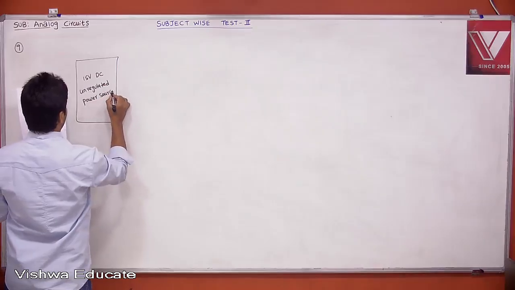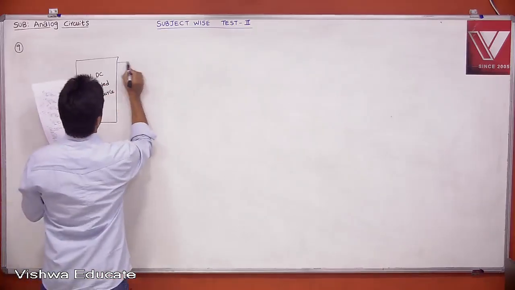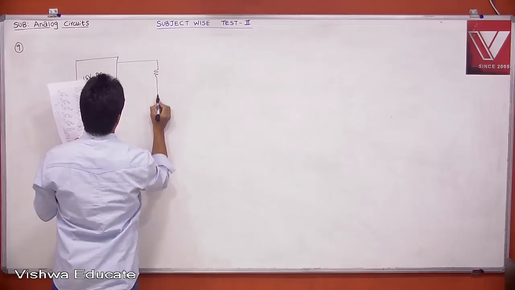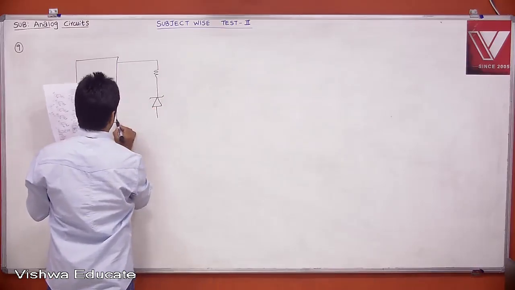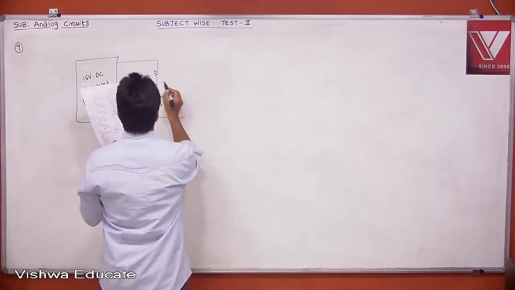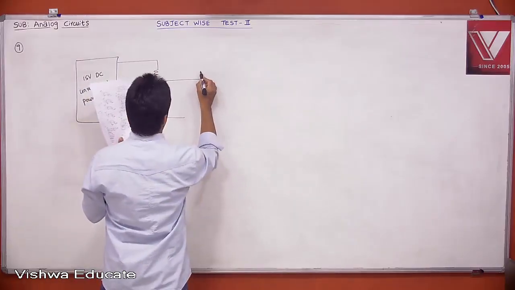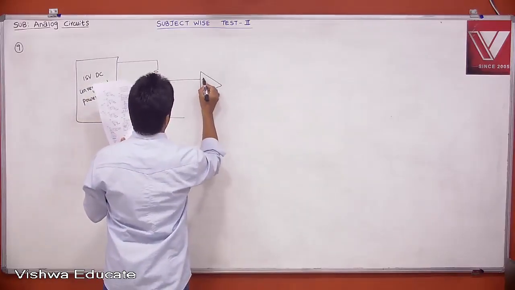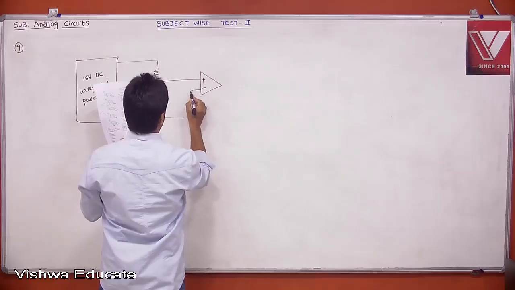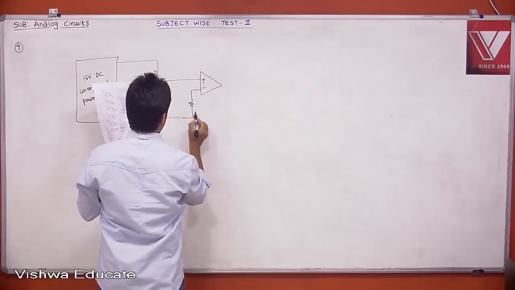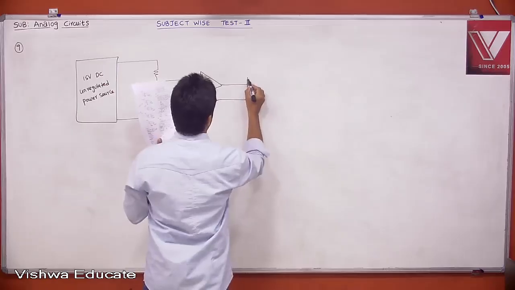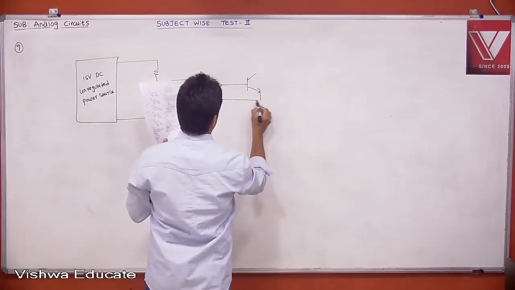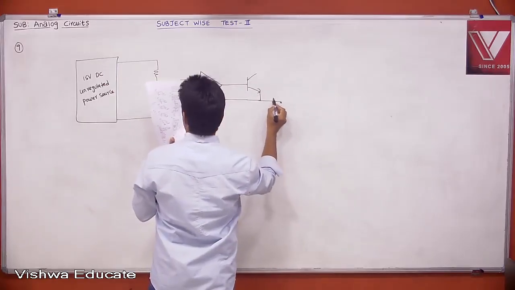It is an op-amp problem, okay? Then this has 1 kilo ohm and a Zener diode, and this is given to the op-amp plus and minus. Then it has a resistor, and this is given to a transistor, and this is the output.